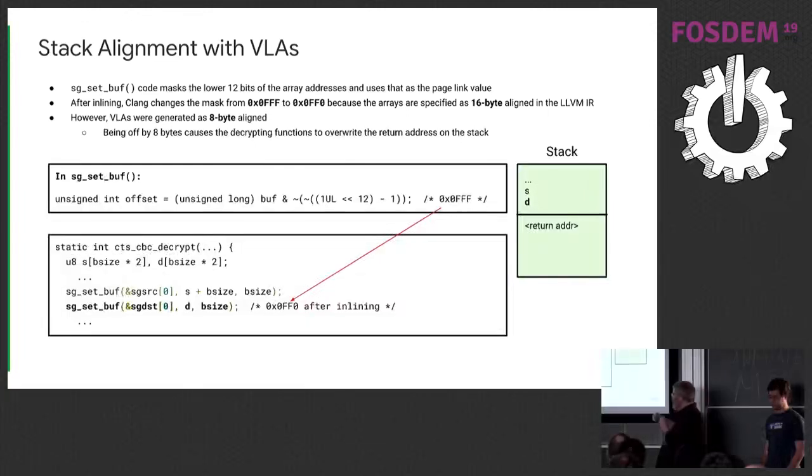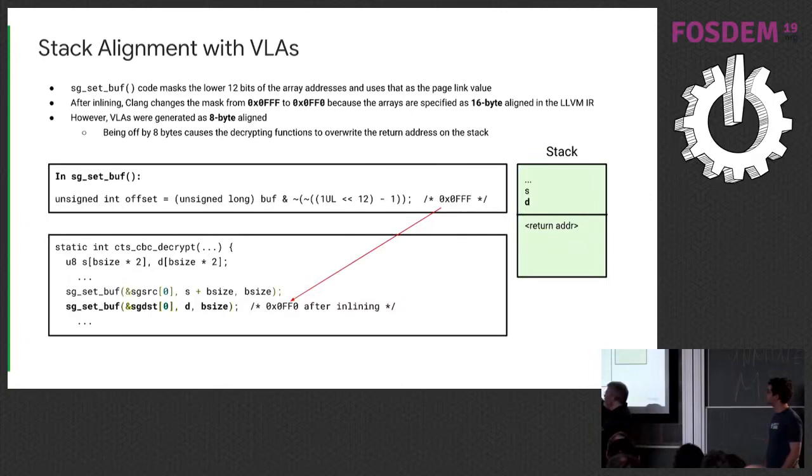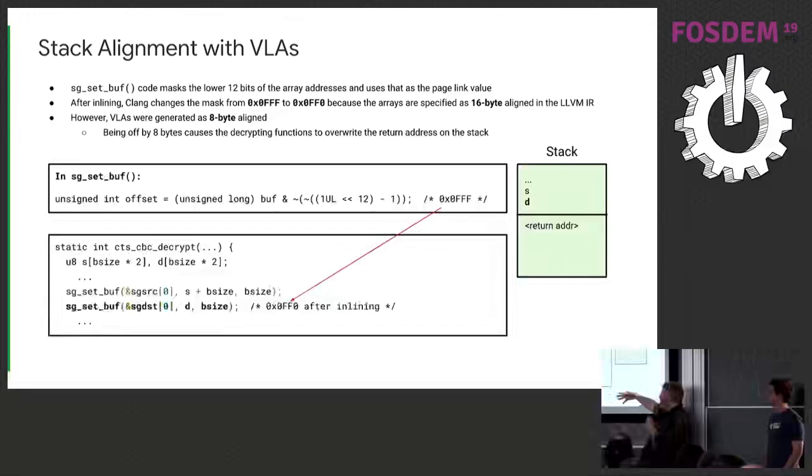Because you have this variable length array being defined like this, and S and D are actually defined towards the end, there's one variable afterwards, but it's not allocated any stack. So basically D here is the last thing on the stack, about right here.